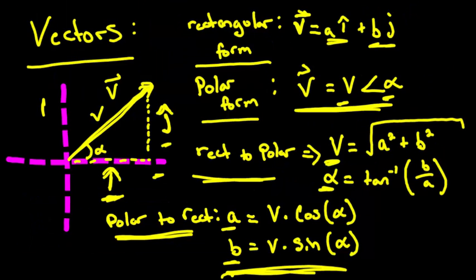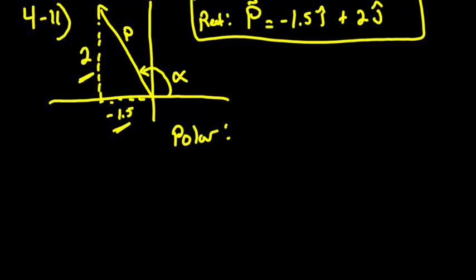We'll go back to that first page, where we have the rectangular form and we want to find the polar form. So what are we going to do? We need to find an angle and a magnitude. Let's first start with the magnitude, which is equal to the square root of the x component squared plus the y component squared.